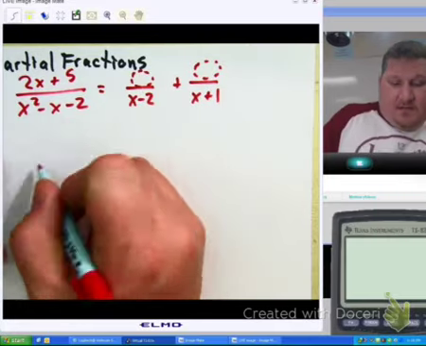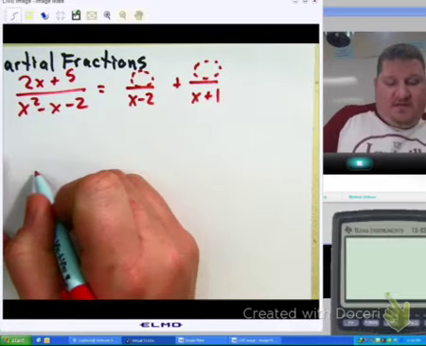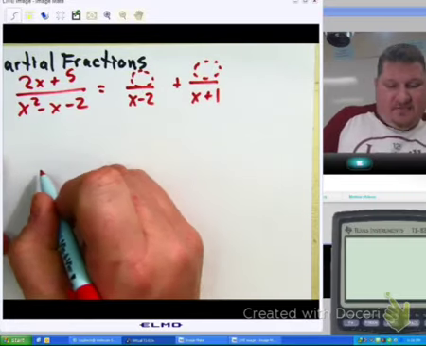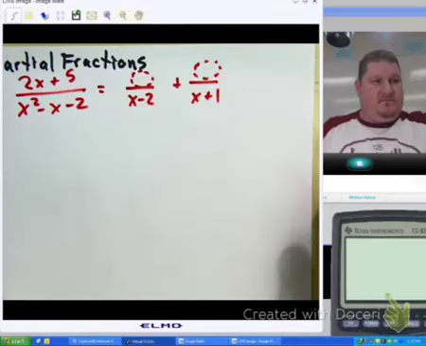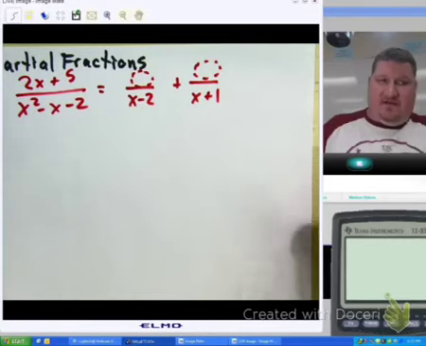So, Oliver Heaviside, he also came up with the finger method. Yes, the finger method. That's right, his finger method.